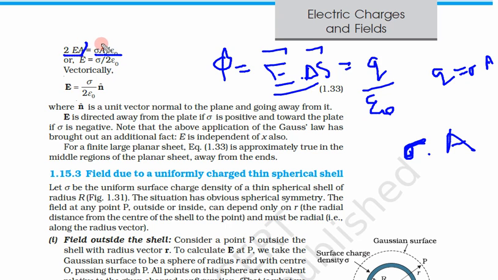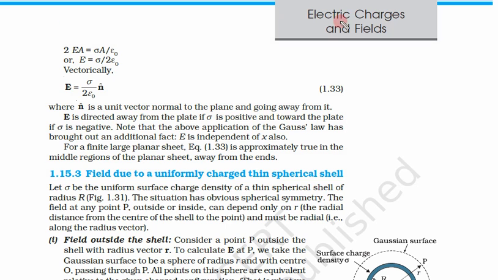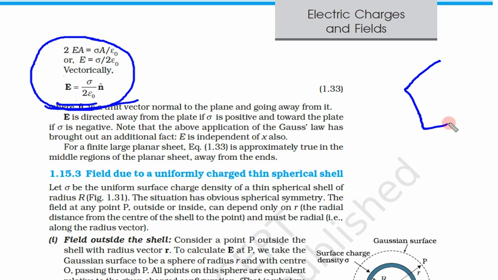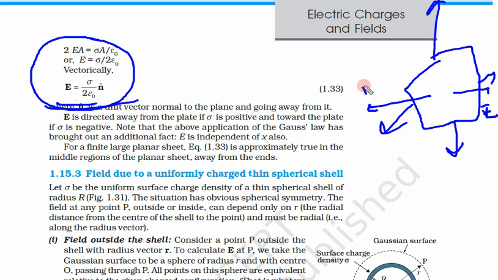So now A cancels out and E is equal to sigma upon 2 epsilon naught, or in vector form sigma upon 2 epsilon naught unit vector n. This is the consequence of Gauss law, that we found the electric field sigma upon 2 epsilon naught for an infinitely large plane sheet. This sheet is infinitely large in Z as well as Y directions, and the electric field was only in X and minus X directions.